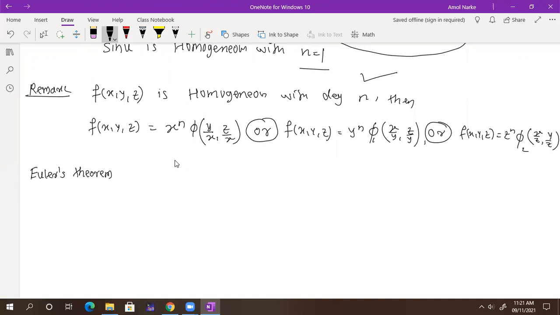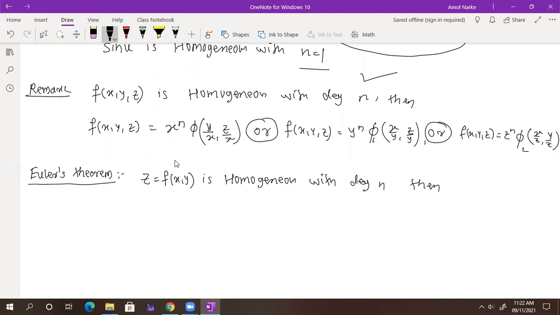So what Euler's theorem says: if z is equal to f of x comma y is homogeneous with degree n, then, okay, z is a function in terms of f of x, y.